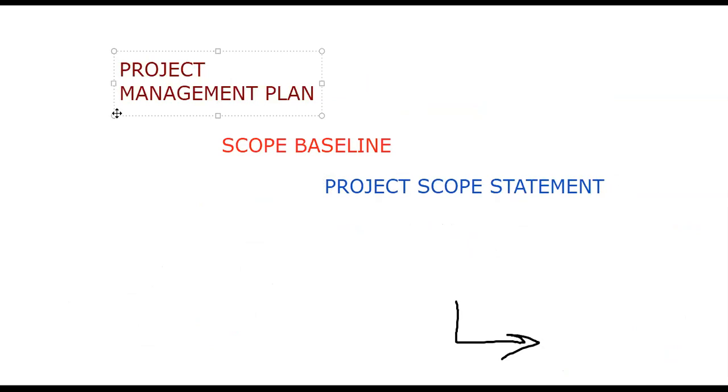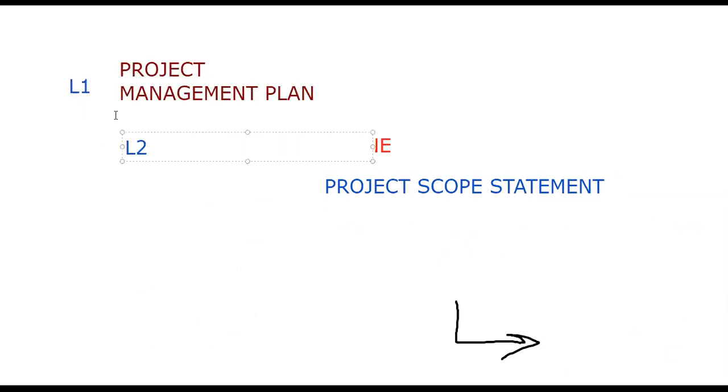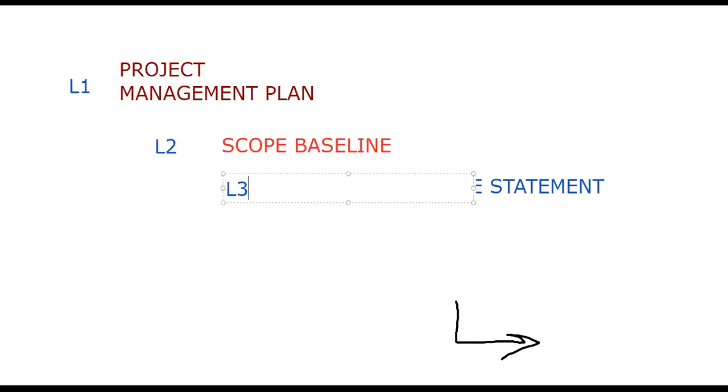Okay? So I will call this from now on L1. I will call this L2. And I will call this L3. Beyond L3, my friends, there is more content that you need to be aware of. And I will give you an example of this.